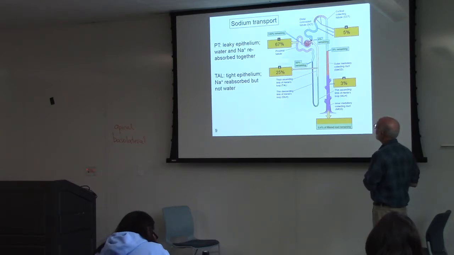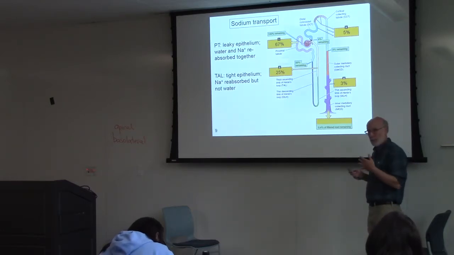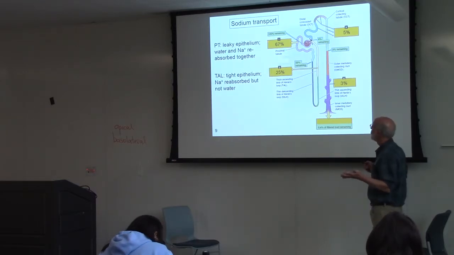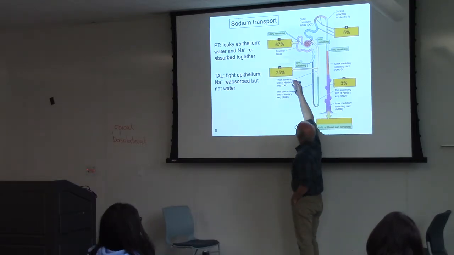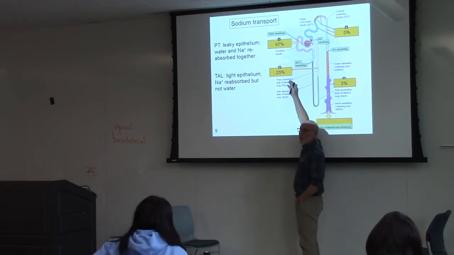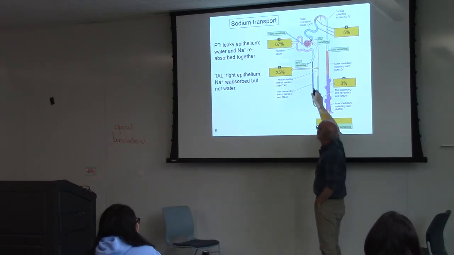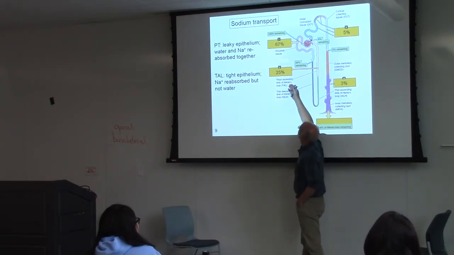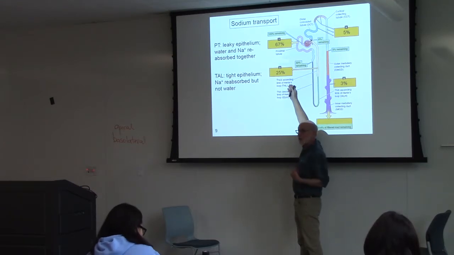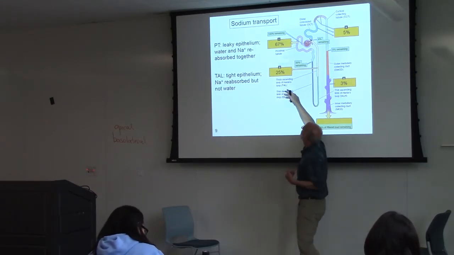About a quarter of the filtered sodium that was not absorbed by the proximal tubule is absorbed by the ascending limb of the loop of Henle. Remember, we're not caring about thin or thick very much. So the ascending limb reclaims 25% of the filtered sodium.